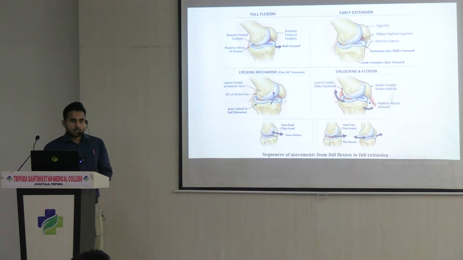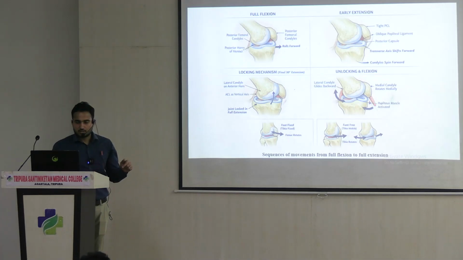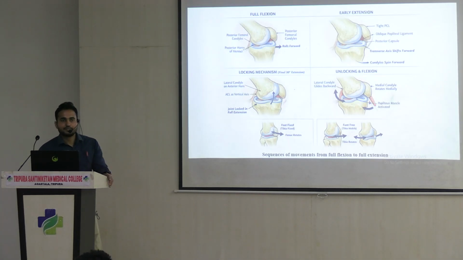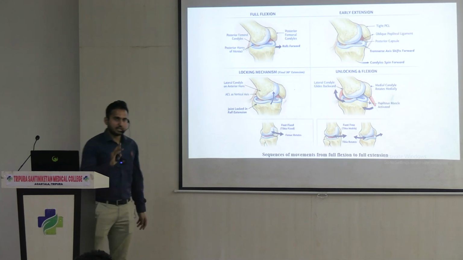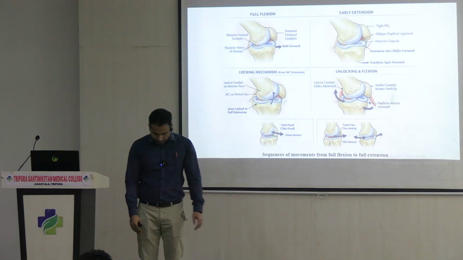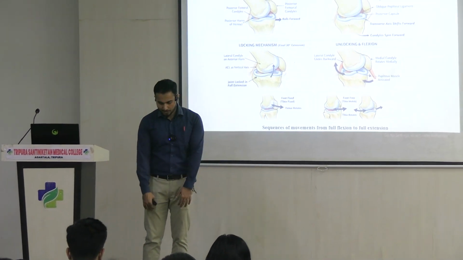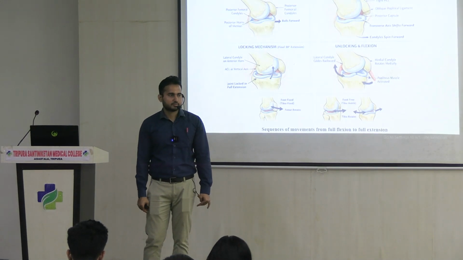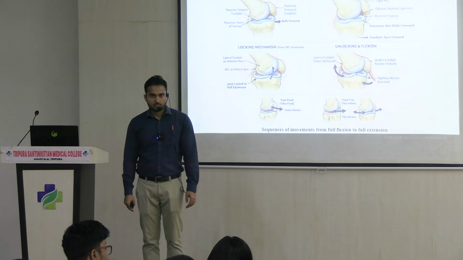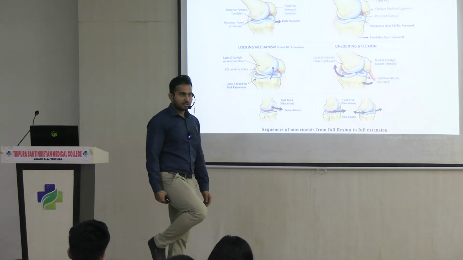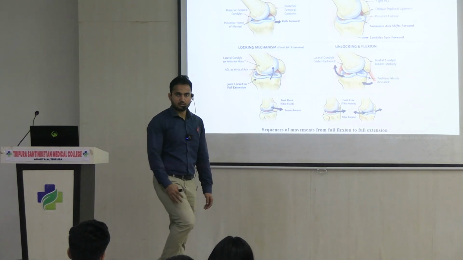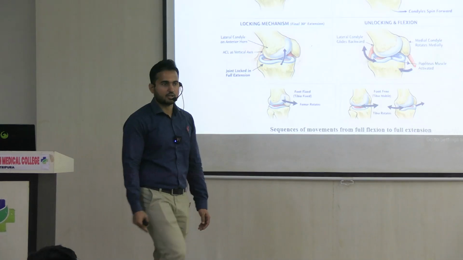Okay. Next, when the tibia is fixed, now these movements occur in the femur. That means when the tibia is fixed, for example, if you are standing like this, how will you do the flexion and extension of your knee joint? When the tibia is fixed, how will you do it? Now this I have shown you when the tibia is not fixed, when the foot is off the ground.